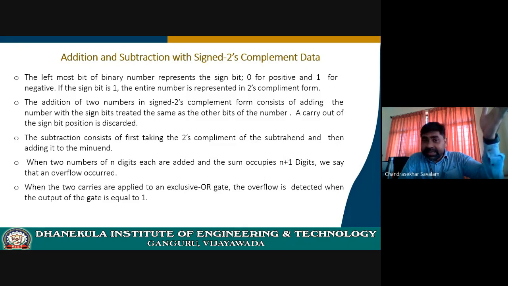There are separate registers to maintain the sign bits. There is the A register, and you have AS. The A register contains the magnitude, and the AS register, a single bit register, contains the sign of A. Similarly, the B register contains the magnitude and the BS register contains the sign.